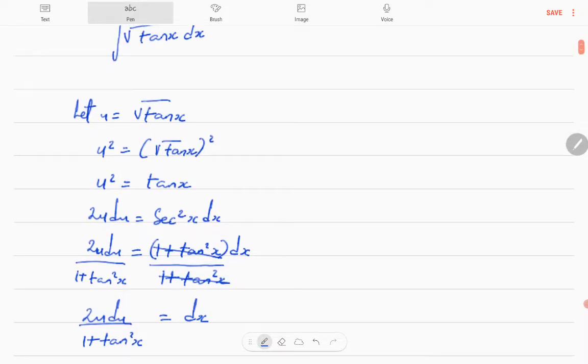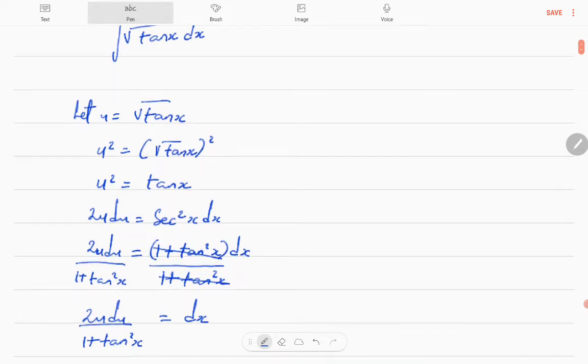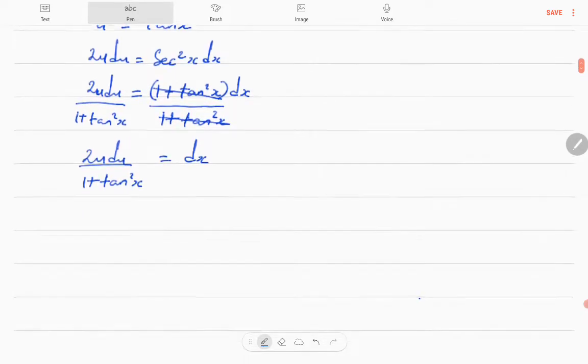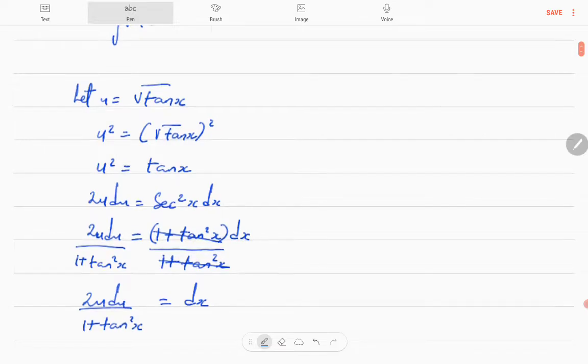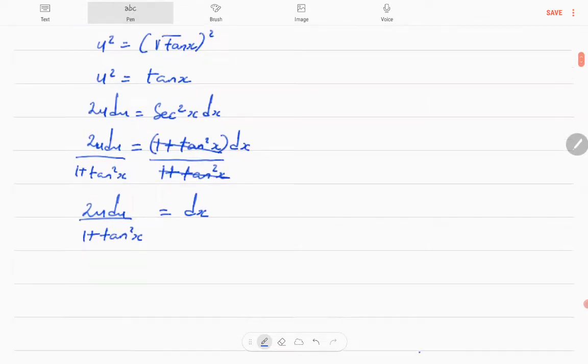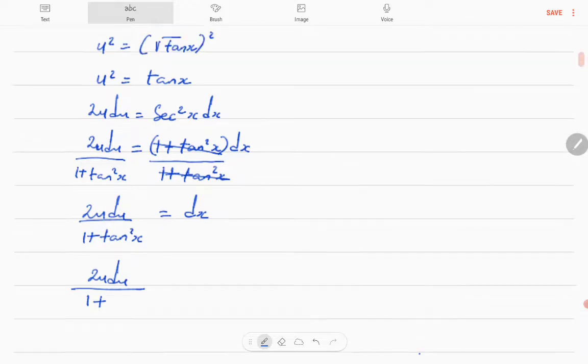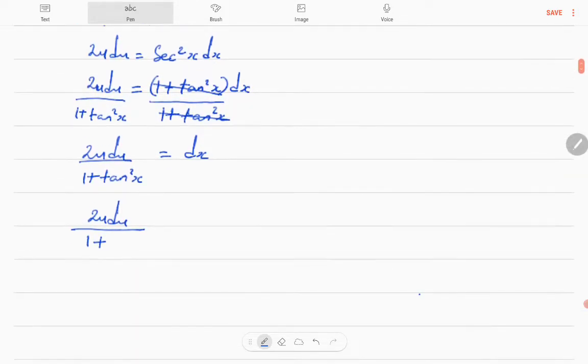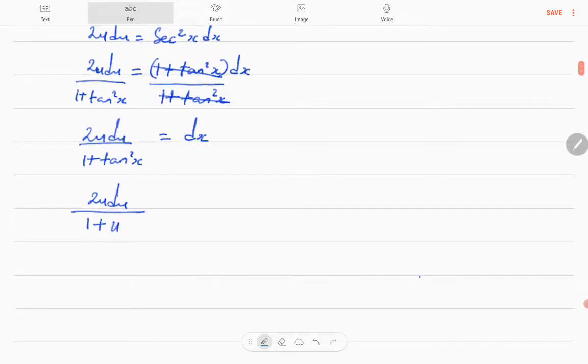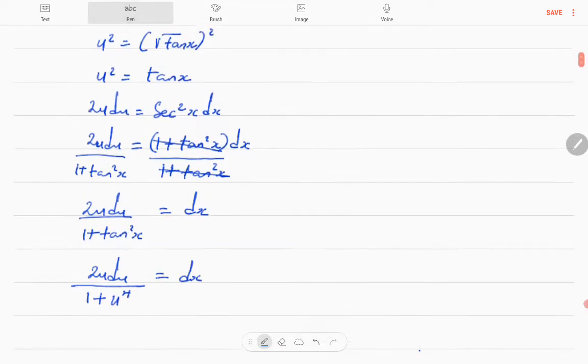Now of course, we have u is equal to square root of tan x, and u squared is equal to tan x, so we're going to have 2u du divided by 1 plus u to the power of 4 equals dx.